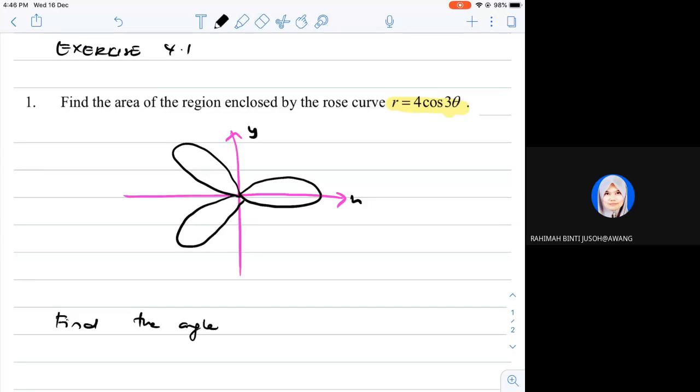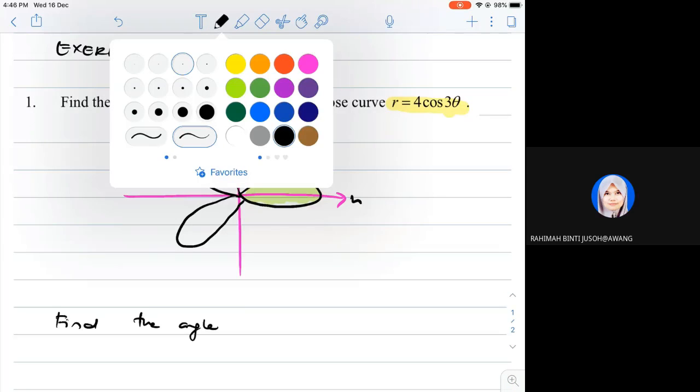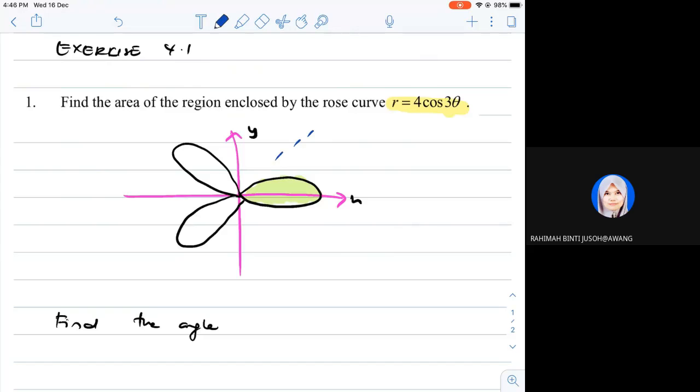Okay, so let's say I want to consider the first petal. We need to find the angle bounded by this petal, so what's the angle here and what's the angle here. And we know that the length of the petal is 4.